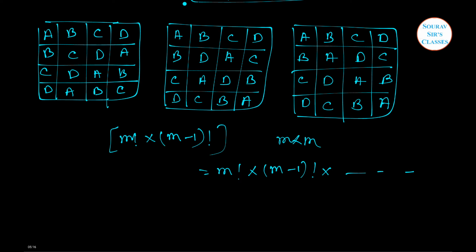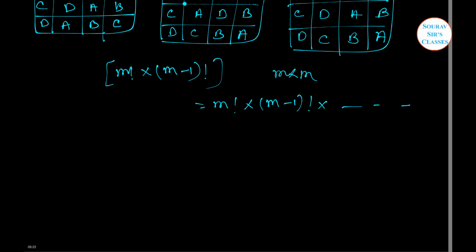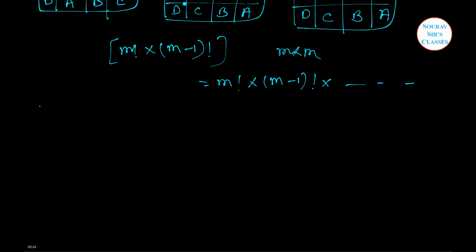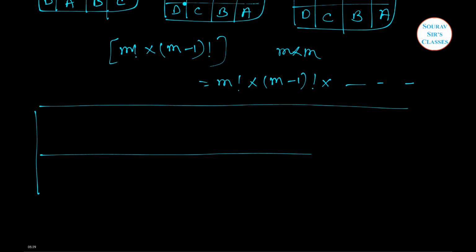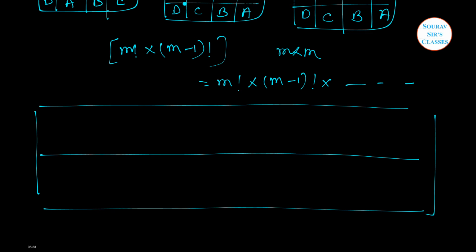Now the following table shows the total number of m cross m Latin squares that can be constructed for different values of m. So we draw the table with four columns.